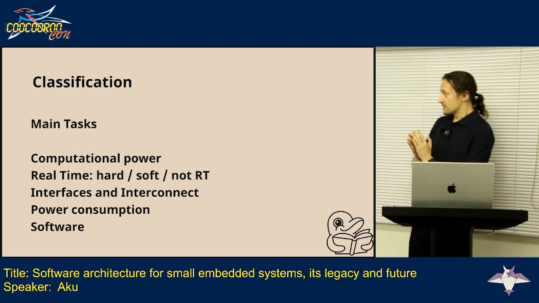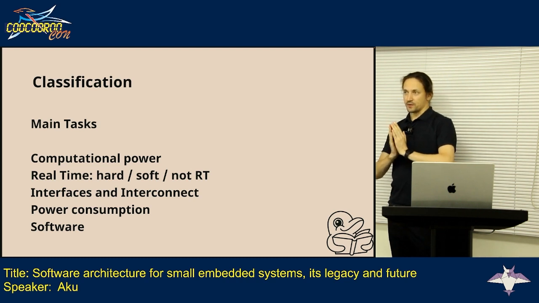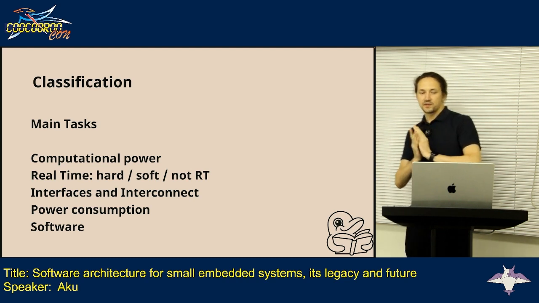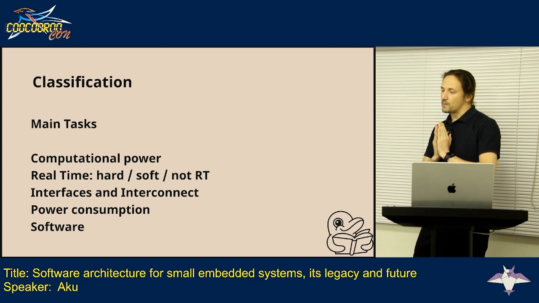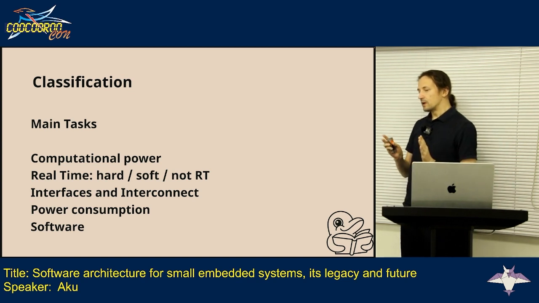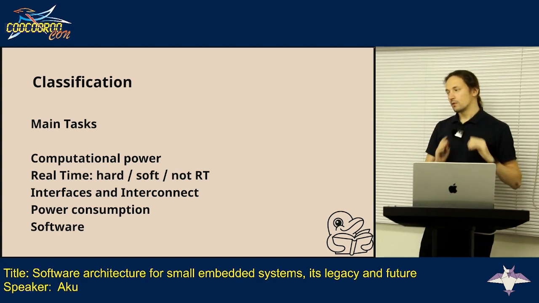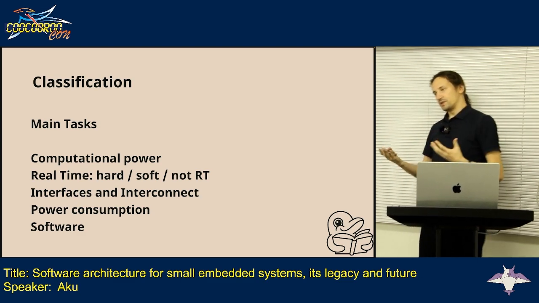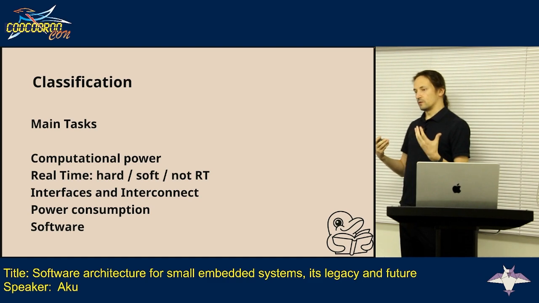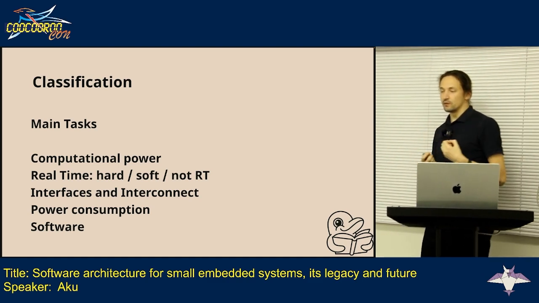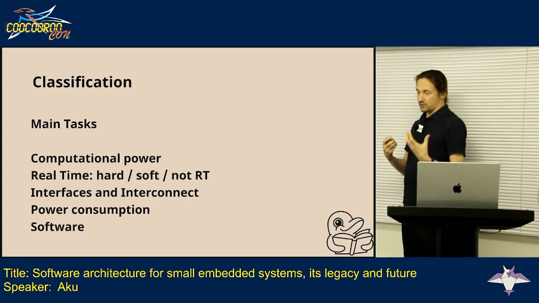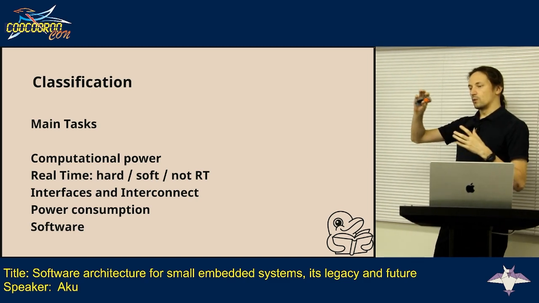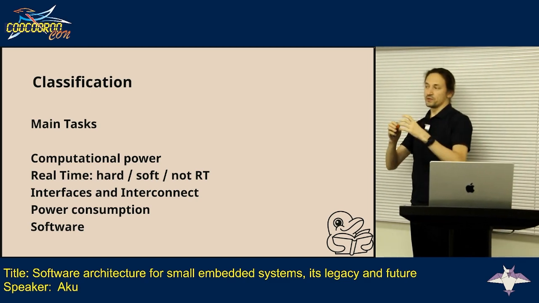Then we decide whether the system is hard real-time, soft real-time, or not real-time at all. What does that mean? Imagine we have a sensor in the engine, and we have an event from this sensor, let's say our flywheel is at some position.